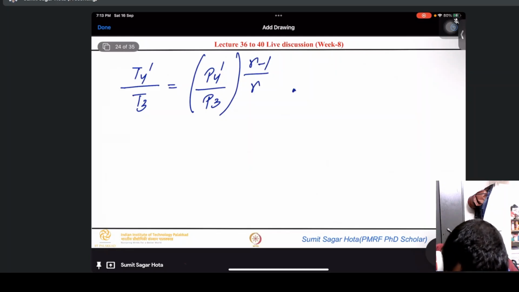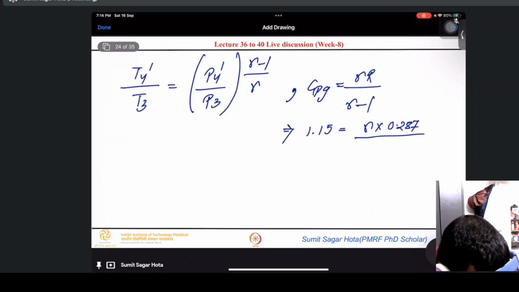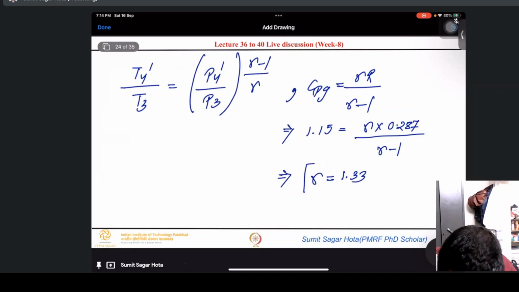What is CPG? CPG is gamma R by gamma minus 1. CPG is 1.15. What is gamma? Need to find out. What is air's R value? 0.287 divided by gamma minus 1, because gamma is not given in the question. So gamma comes out to be 1.33.